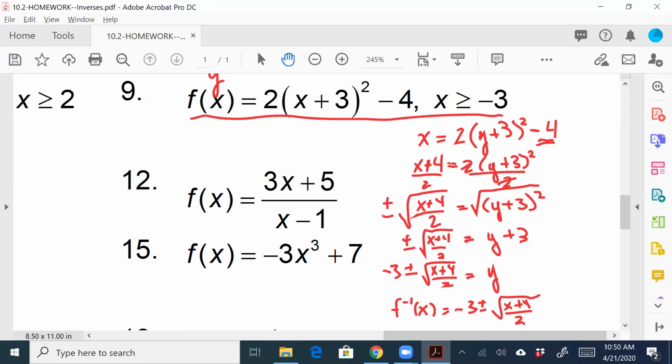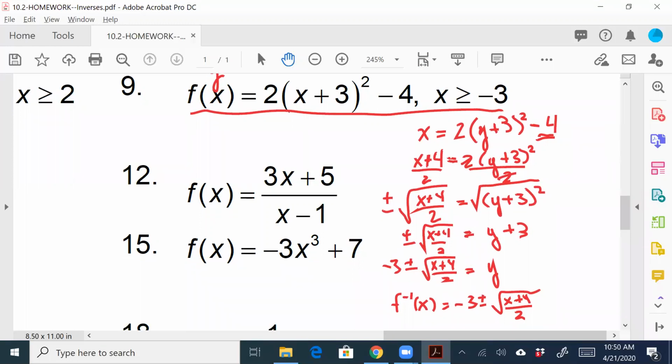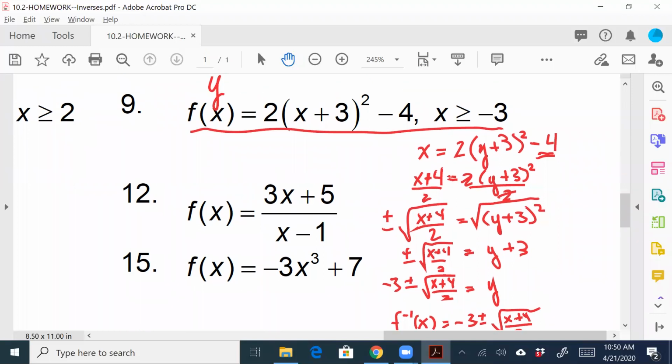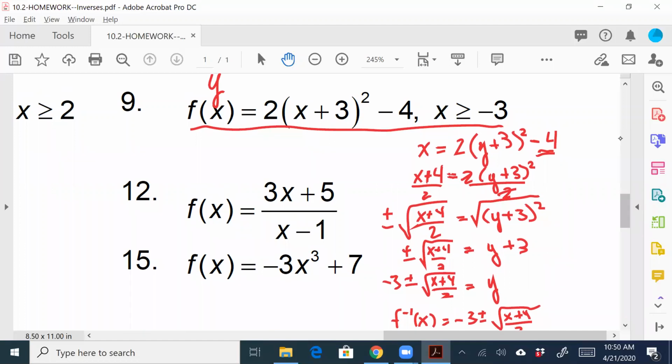Yeah, that would be the answer. Wait. x greater than or equal to negative 3.